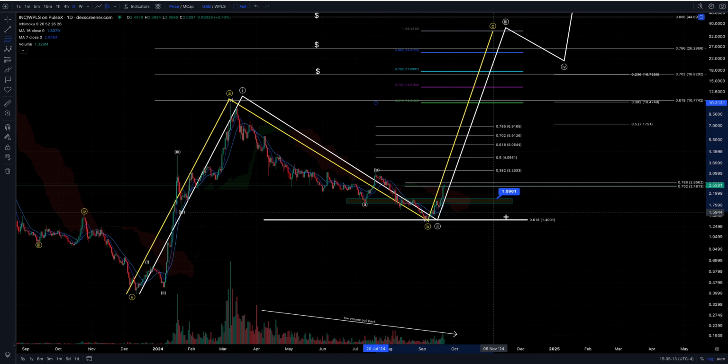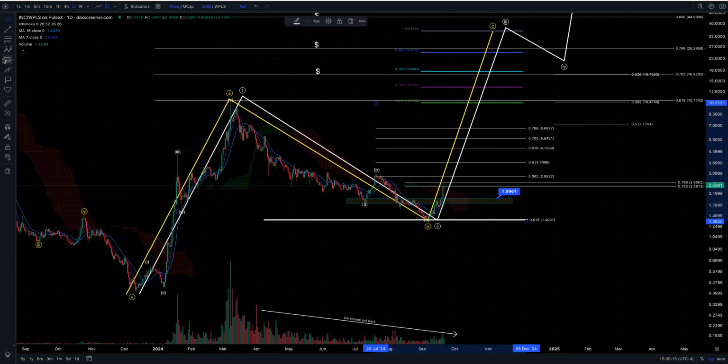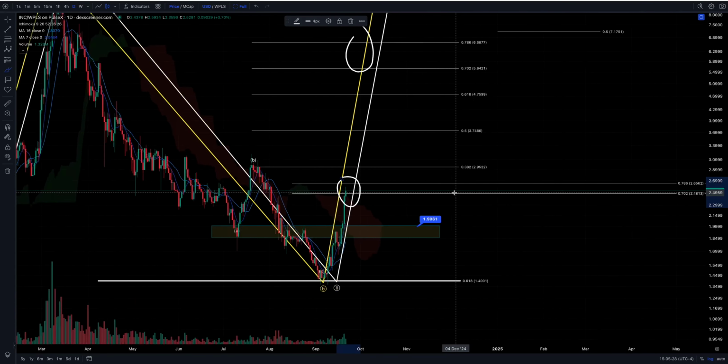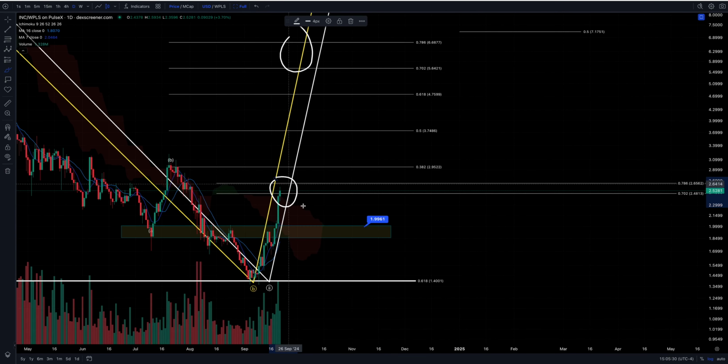We would see a move towards 560 and 668 right here. But we need to get above this intermediate resistance first. Before we can look higher, let's first take a look at the resistance that we have in front of us. So it's this region over here, 248 to 265 on incentive.